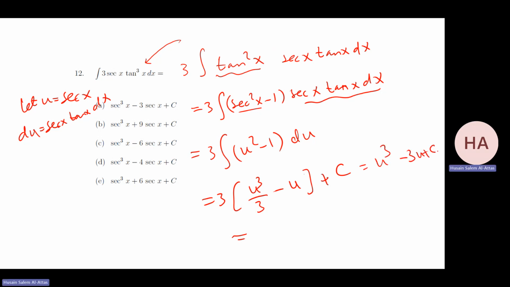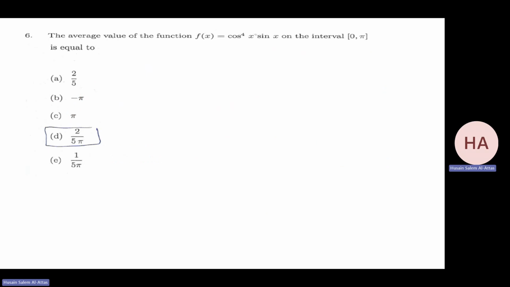I retain the secant, so that gives me secant cubed x over 3 minus secant x plus c. So I avoid the fraction.